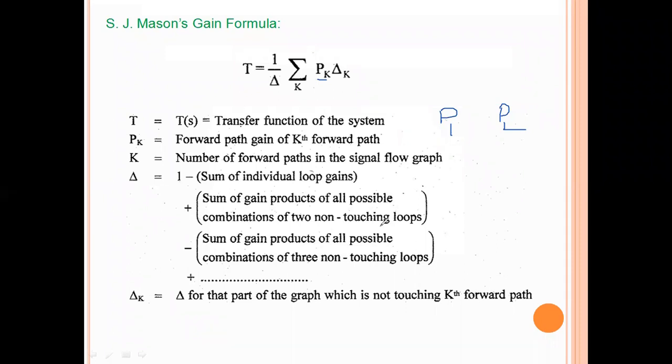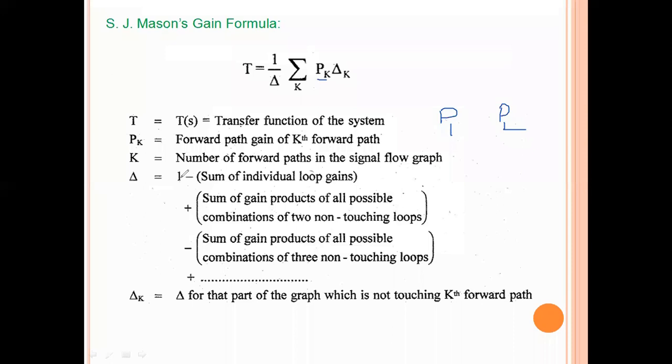We know what a non-touching loop is, right? We have to calculate the gains of those non-touching loops, determine the possible combinations, and multiply those gains. If we have two different combinations, we add the first combination gain and the second combination gain and write it here. So that is this term.